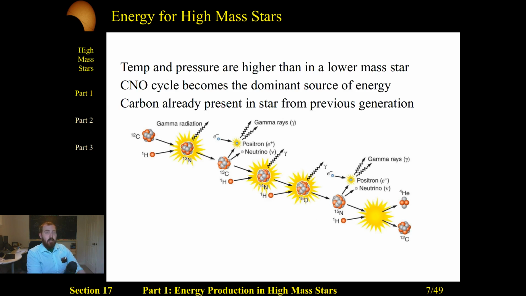A previous star fused a bunch of material making tons of carbon, and that star eventually reached the end of its life, ejected its fused material out there, and that material later condensed down into the next generation star. So in these high mass stars, we tend to notice that there's a lot of carbon around, and that carbon's used in this CNO cycle.